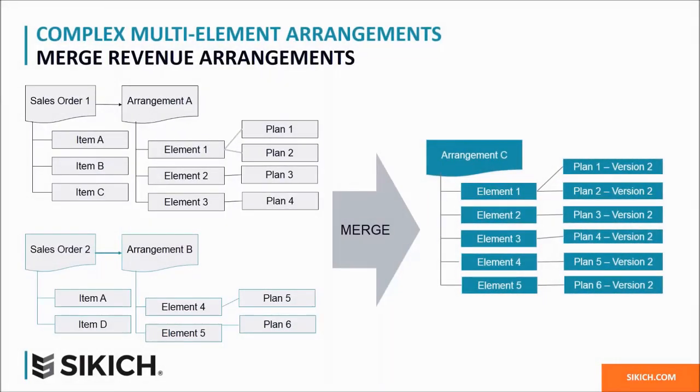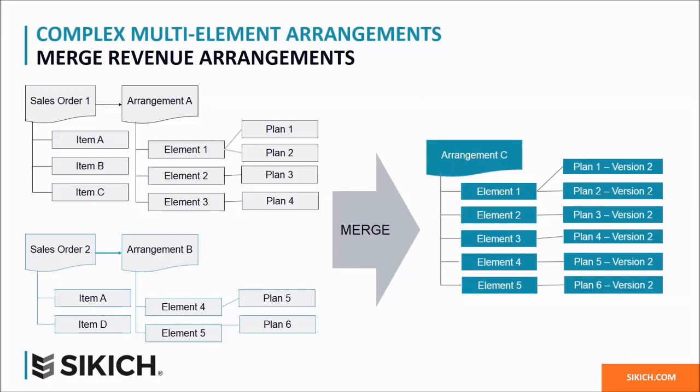Okay, so next up we have how NetSuite can help you handle complex multi-element arrangements. And there's a tool within the system that's called merge revenue arrangements. So some common examples of where we see this tool is, you have a contract with one of your customers, but a couple months down the line, a change order is introduced. And this is going to impact when and how much revenue you're going to take.